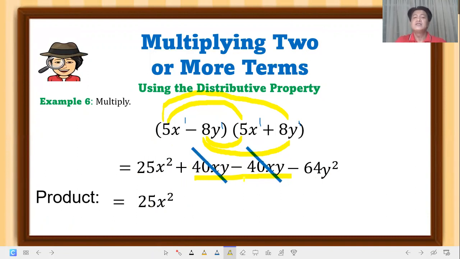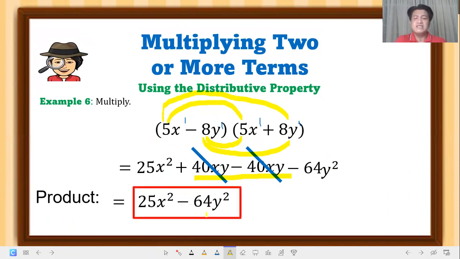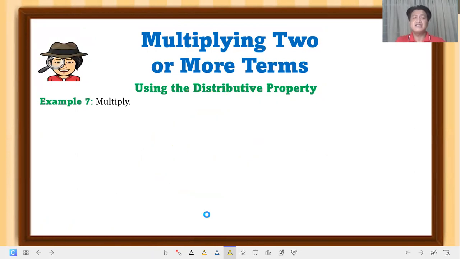Okay, remember? So, opposite number yan. And, bring down lang natin yung minus 64y squared kasi wala siyang like terms. So, meaning to say, this is now the final answer. Okay, remember, this is the difference of two squares or sum and difference of two binomials. Okay, sa next lesson natin yan.